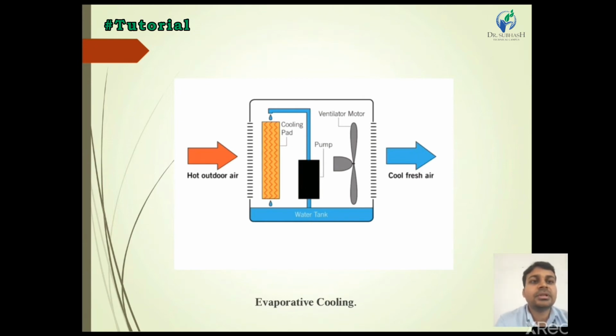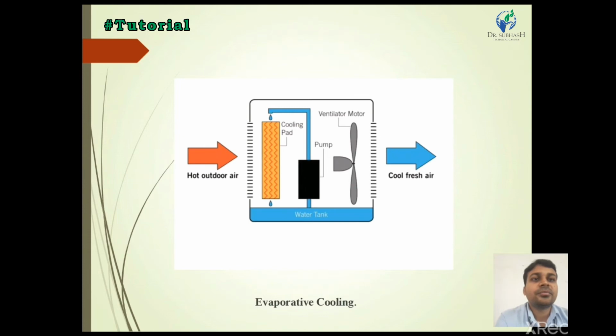Evaporative cooling has mainly 2 parts: a pump and a high speed fan. The pump transfers water to a cooling pad and hot air passes through the cooling pad.